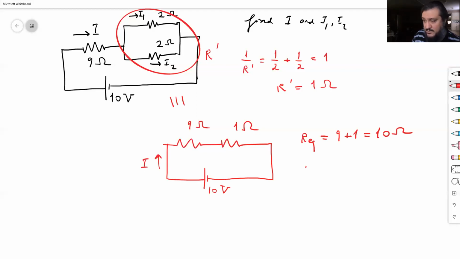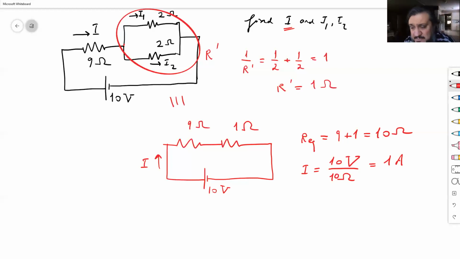Okay, this is I. So I will be equal to 10 volts divided by 10 ohms, 1 amp. Okay, so I found this. That's 1 amp. What do I do now? I come to this point here where the current splits.